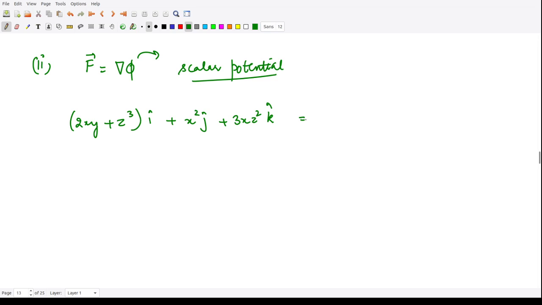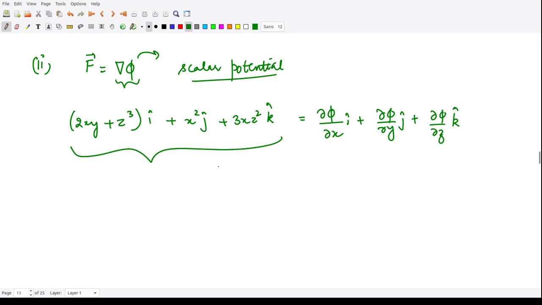So this is equal to del of the scalar function phi, which is equal to del phi by del x i cap plus del phi by del y j cap plus del phi by del z k cap, right? Now you have on the left hand side a vector quantity, on the right hand side also a vector quantity, and these two vectors are equal.